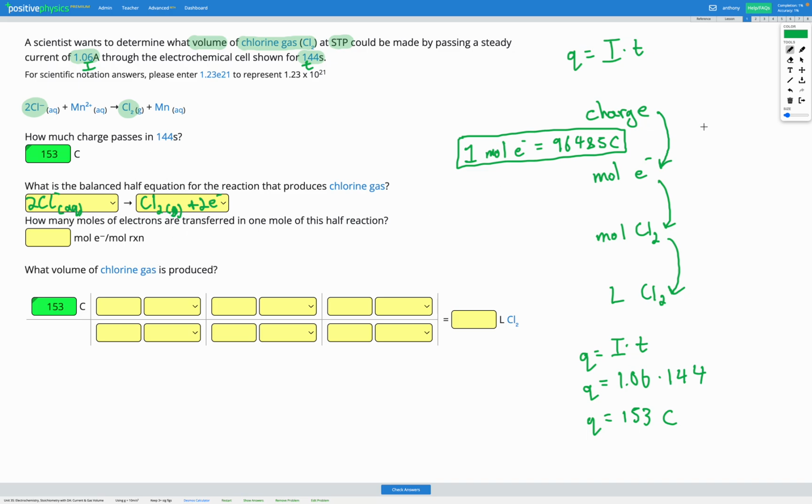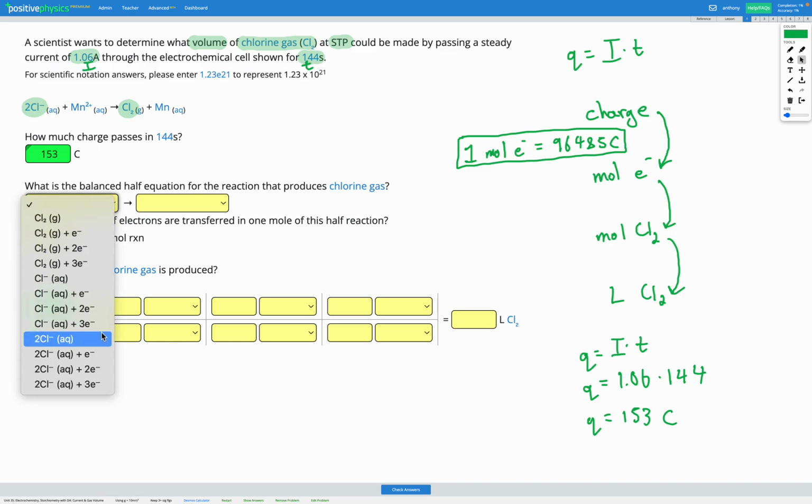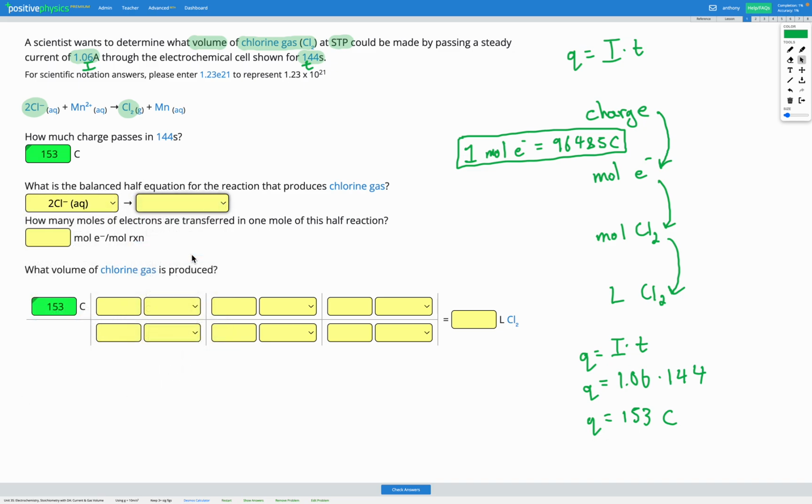So that's our balanced half equation for this reaction. So we can see here 2 moles of electrons are transferred in 1 mole of this half reaction. And we can see that to make 1 mole of chlorine gas, we produce 2 moles of electrons. So that's our conversion factor for the second step.